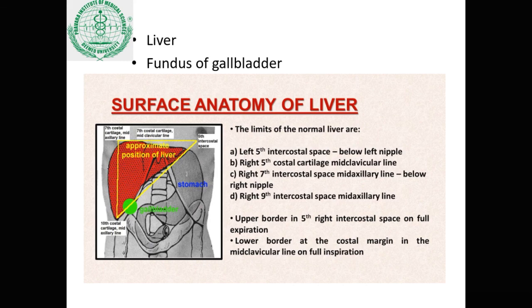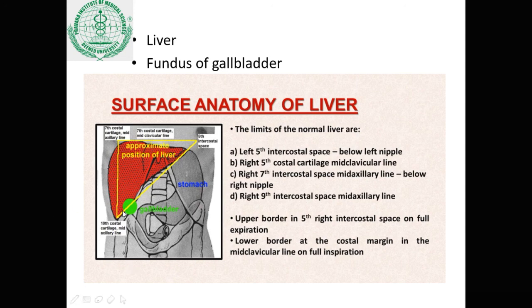Then for the lower border, the median and the transpyloric planes are drawn, and mark the tip of the right 9th costal cartilage. Now join the lower end of the right border to the left end of the upper border by a line crossing the median plane at the transpyloric plane.